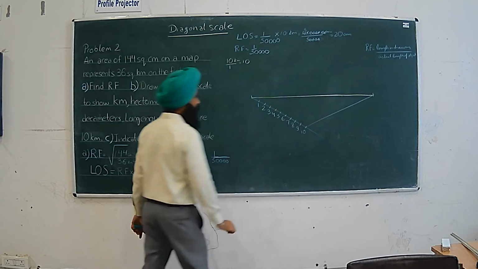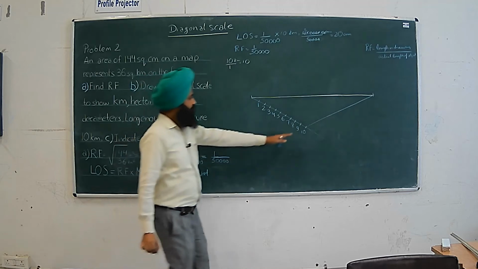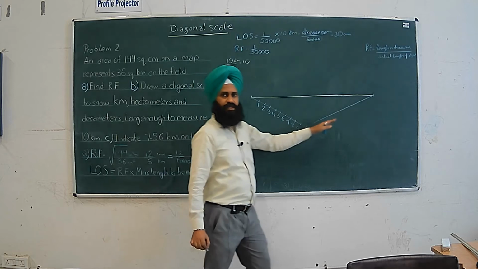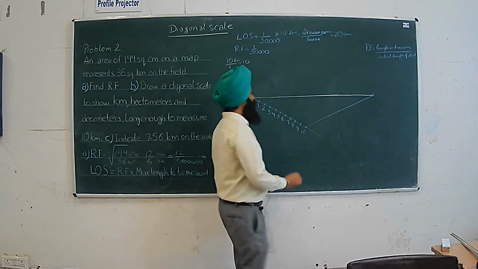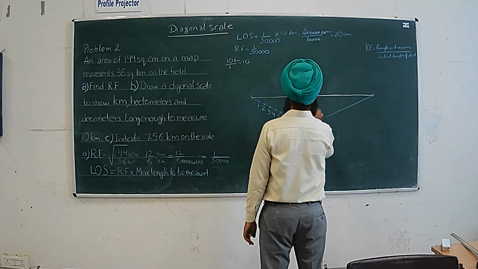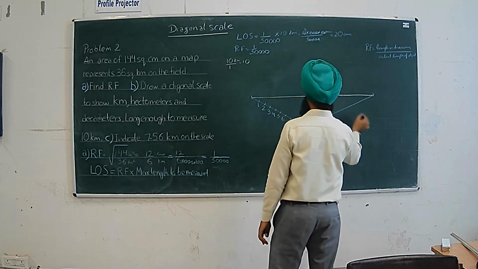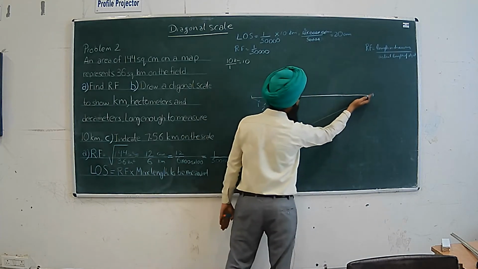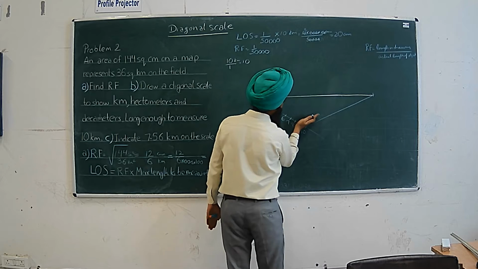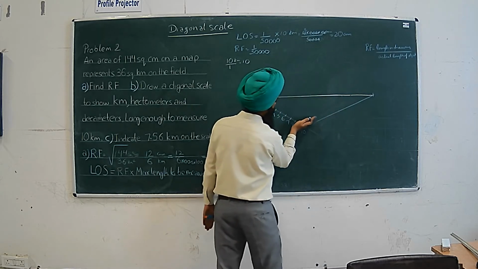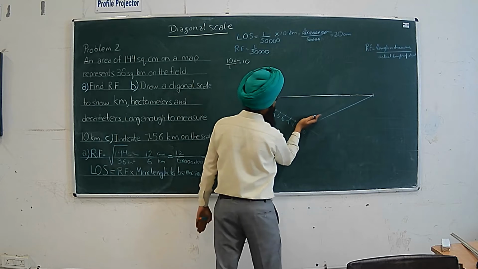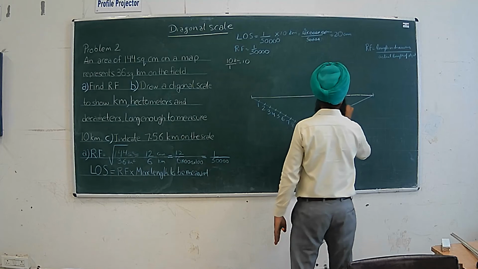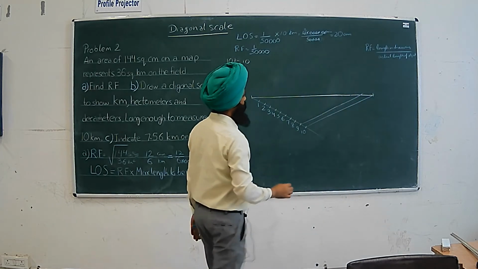So this is joining of the 10th division, the last division, with the end point of the line. Now we will draw lines parallel to this line. Set the drafter parallel to this line and draw all the lines parallel to this line, like this.